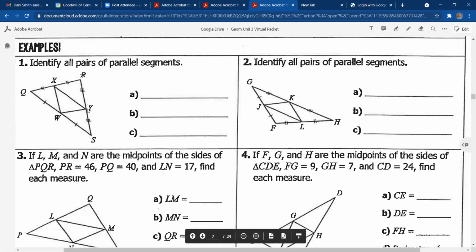So WY is going to be parallel to QR. XW is going to be parallel to RS. So before, when we only had one mid-segment line in the drawing, I was talking about the base as though that was the bottom part of what the triangle is sitting on. When you start looking at multiple mid-segment lines like these, there's not really a base anymore.